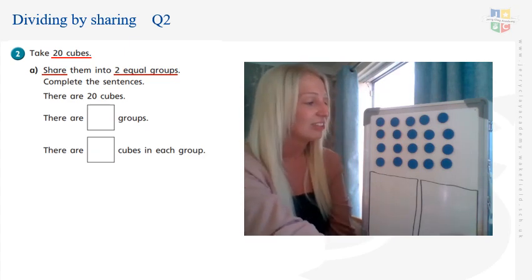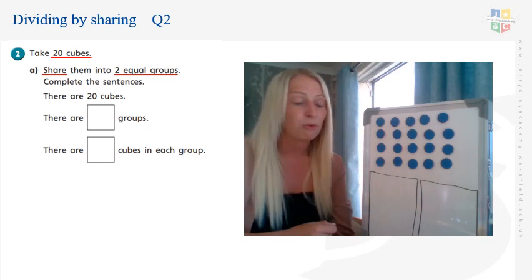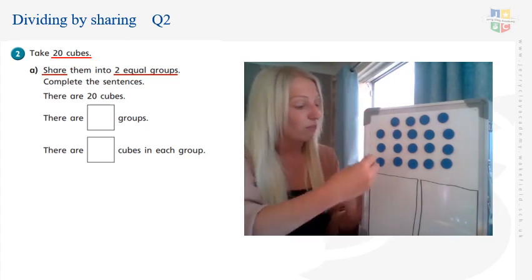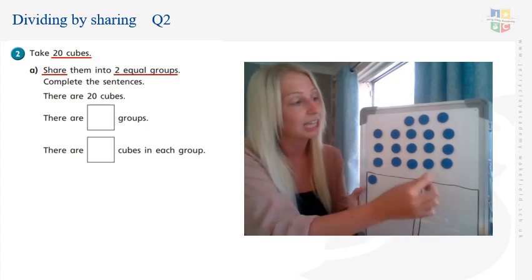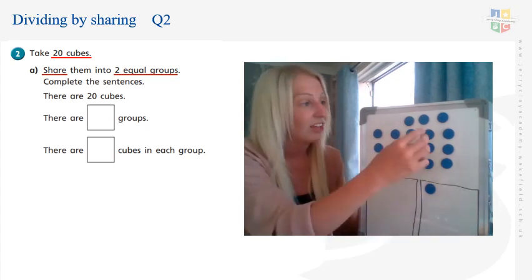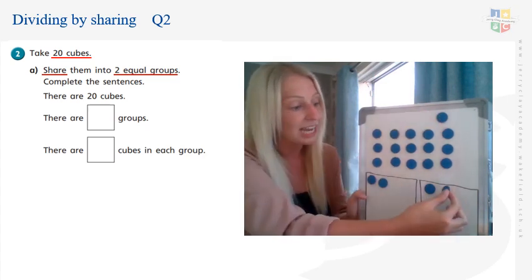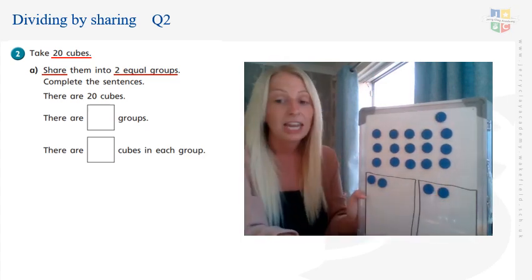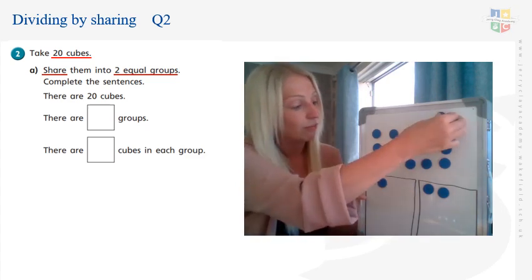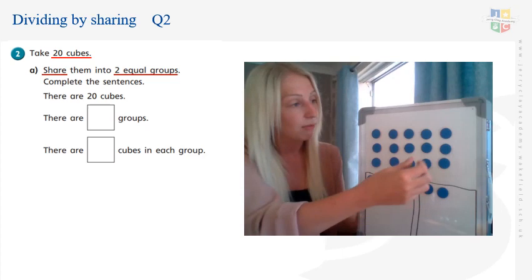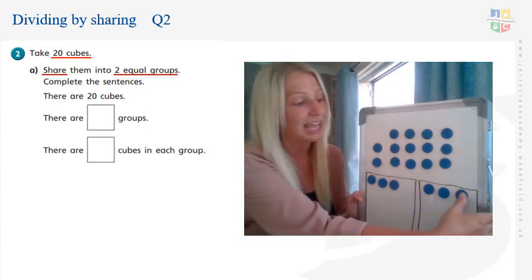Okay, so the next thing I need to do is to share my cubes into my groups. So 1 for that group, 1 for that group, and I'm going to keep on going until I get no cubes or counters or teddies, whatever you're doing, left. Now one really important thing is to try and set the groups out the same. So if I'm putting that one there, I'm not going to put the next one underneath because I want to make sure that they are equal.